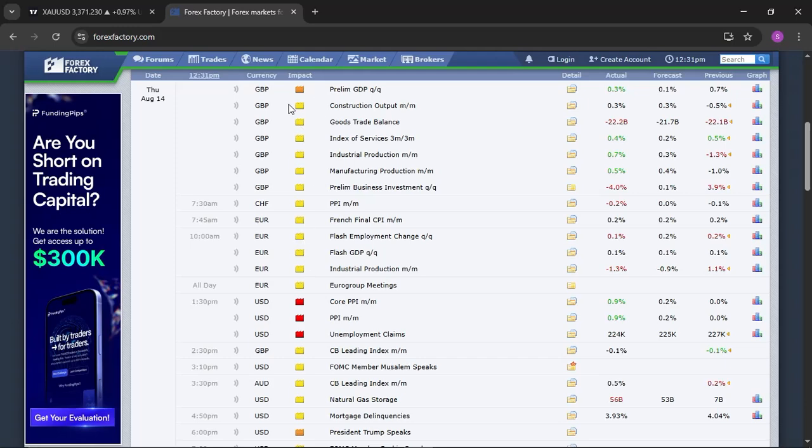Now if you see this color, this brown, or whatever you call it, I'm not good in color, but if you see this particular color, this color is medium impact news. Medium impact. It might trigger a small movement of the market. You might not even notice it.